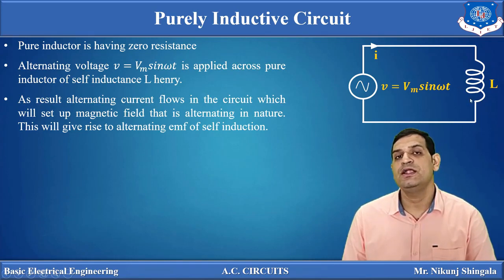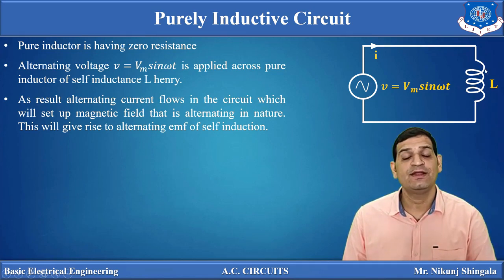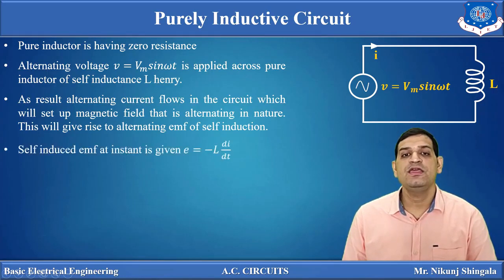So because of alternating current, alternating flux will be produced, and according to Faraday's law of electromagnetic induction, EMF will be generated in the inductor, and this is nothing but the self-induced EMF, which at any instant t is represented by e is equal to minus L di by dt. Now this is back EMF. Why is the negative sign there? Because of Lenz's law.